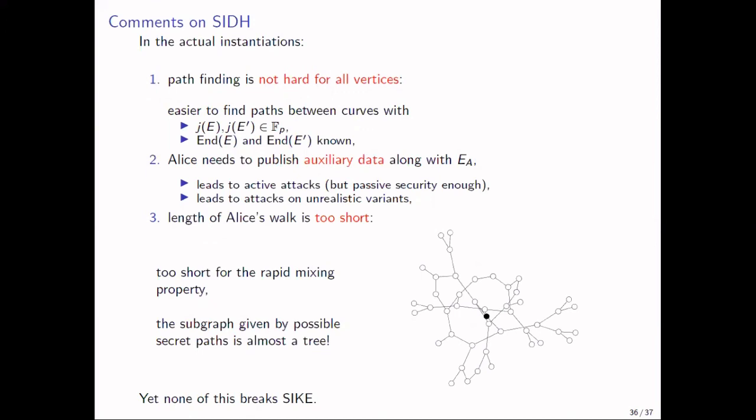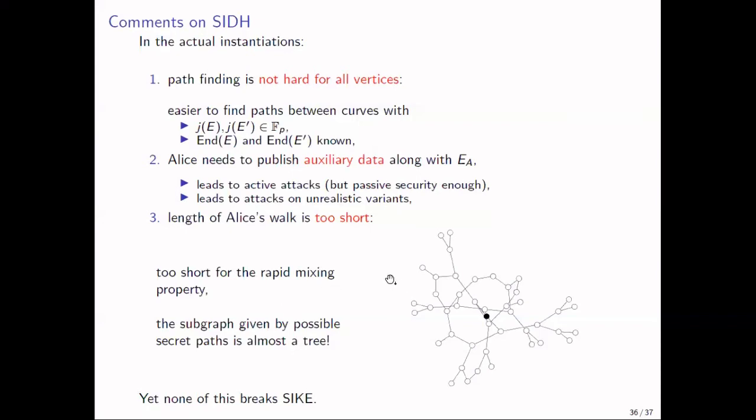You get attacks that exploit this auxiliary data, be it unrealistic variants, but some variants of this setup. And also the length of Alice's walk is just way too short, and also Bob's walk. Their walks are just very short, so they're too short for the rapid mixing property.